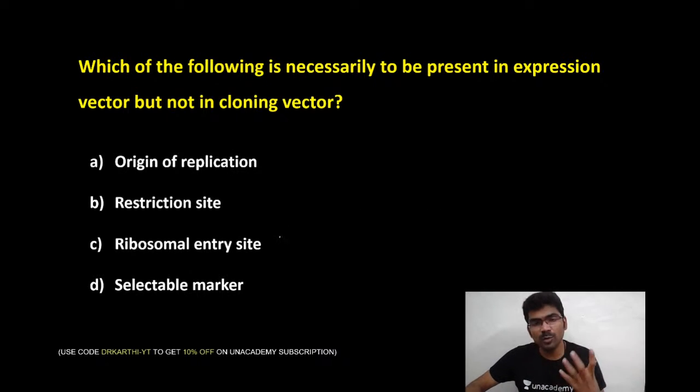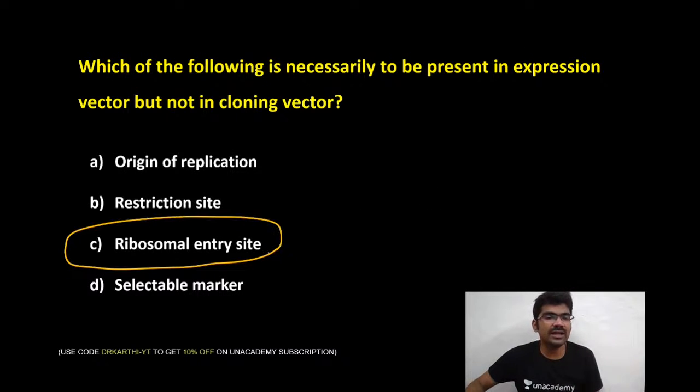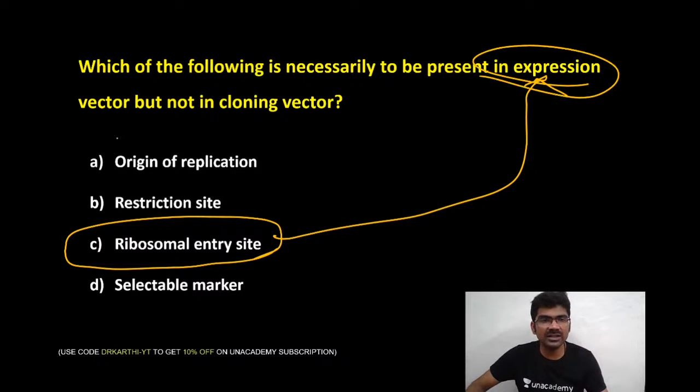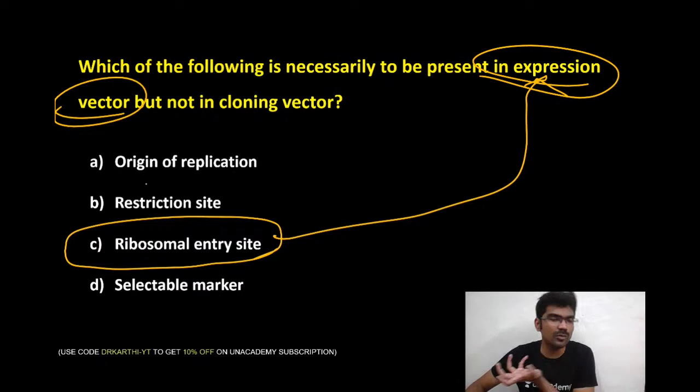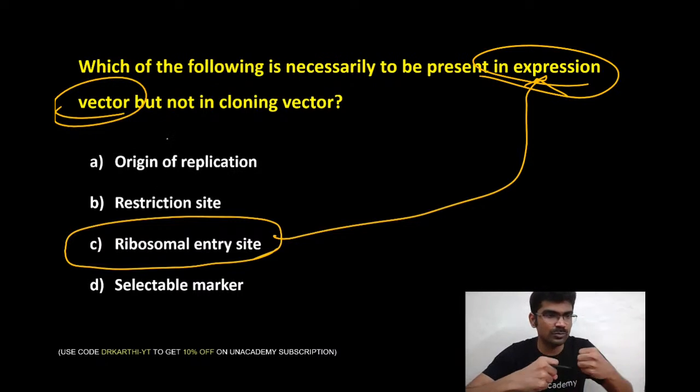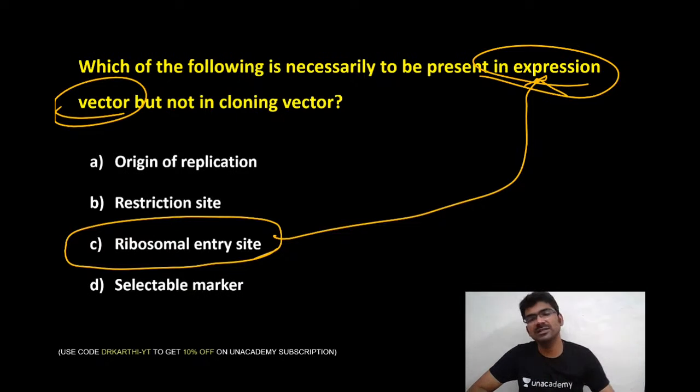So this has to be there in both. But ribosomal entry site, obvious, right? It has to be there mainly in your expression vector, not in your cloning vector. So to produce protein, you have to have this ribosomal entry site. Okay.